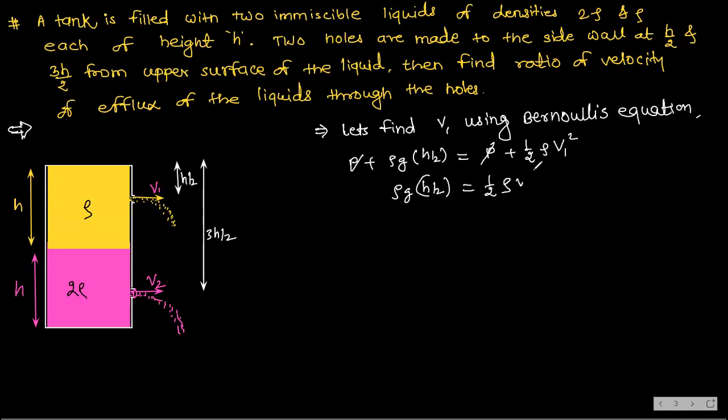This rho and this rho cancel, and this 2 and this 2 also cancel. So we are getting v1 square is equal to gh, and therefore v1 is equal to under root of gh. Any doubt here?